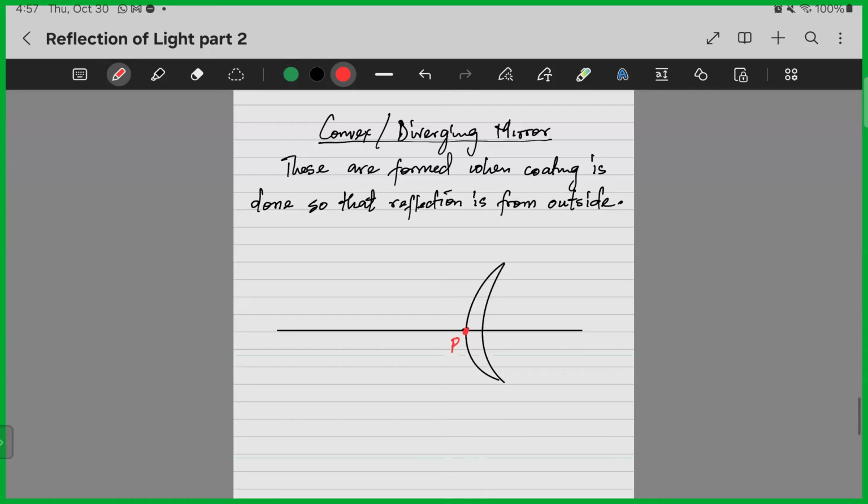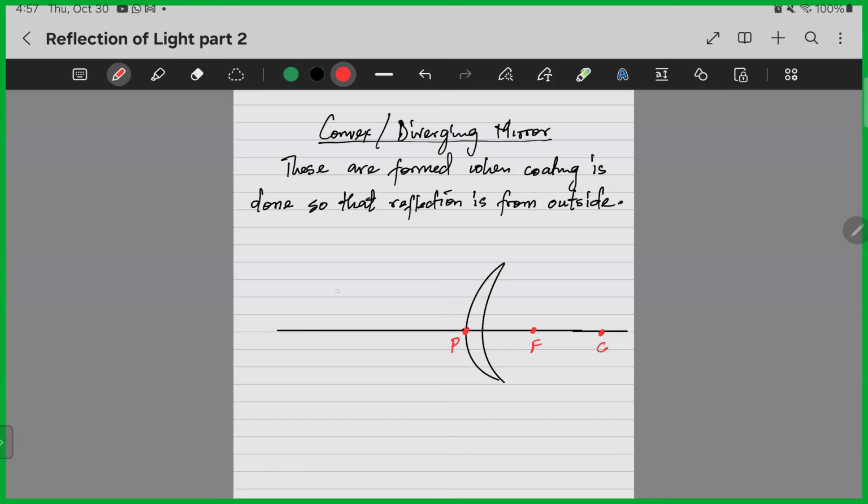Then you have the focus. Let me extend this line. Then over here, you have 2F. You know what? That is the center of curvature. Most of the time, that center of curvature, which is also 2F, we can write as C. So just keep that in mind.